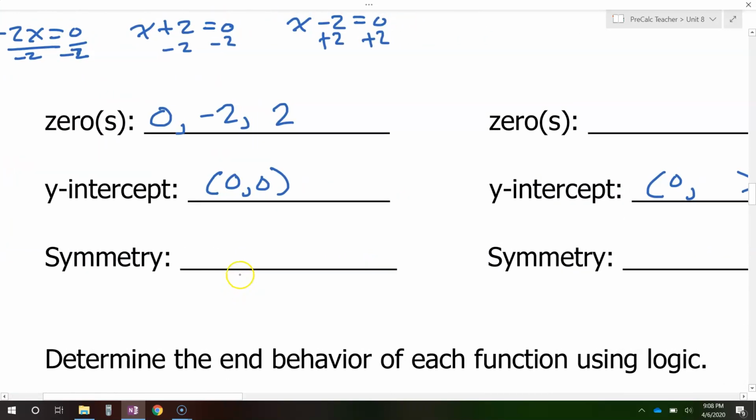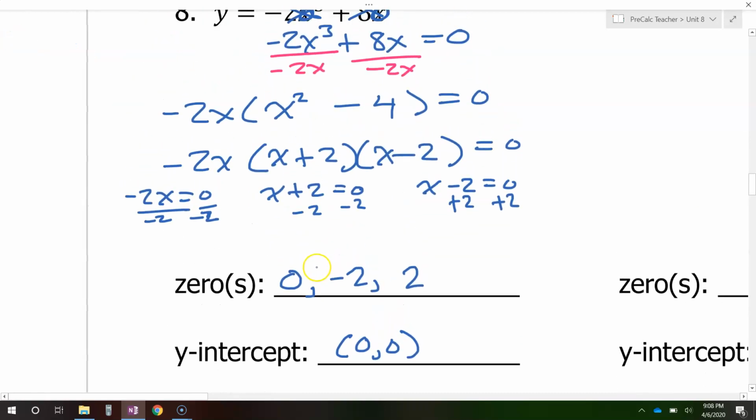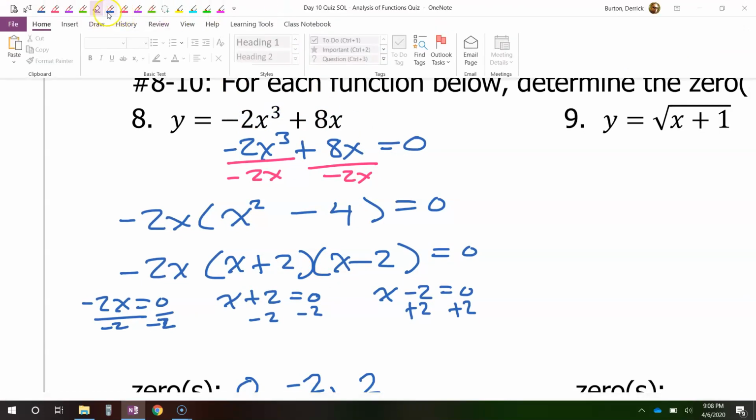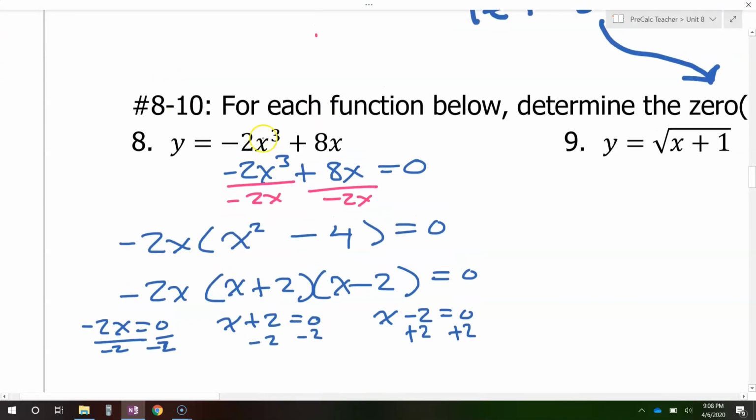All right, now let's talk symmetry. For polynomials, there's a shortcut you can use for symmetry. And remember, the kinds of symmetry are even and odd. It's either going to be even, odd, or we'll just say neither.